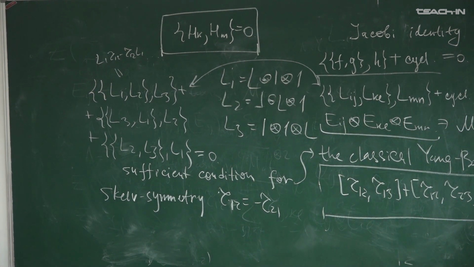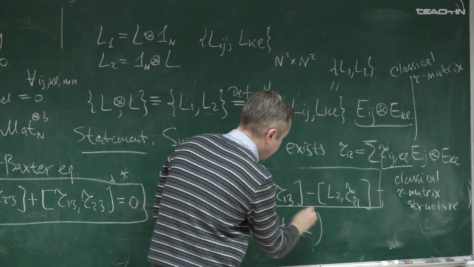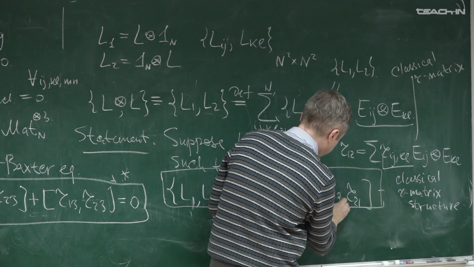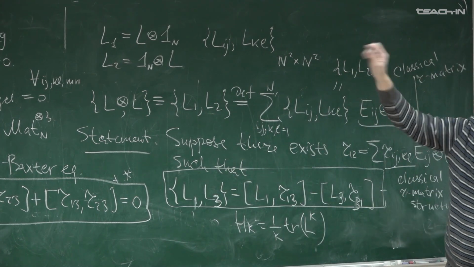When you have L1 and L3, you should put just here L1, R13, L3, R31. So you substitute.